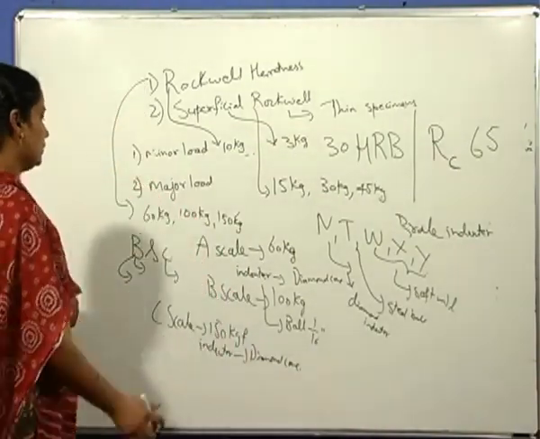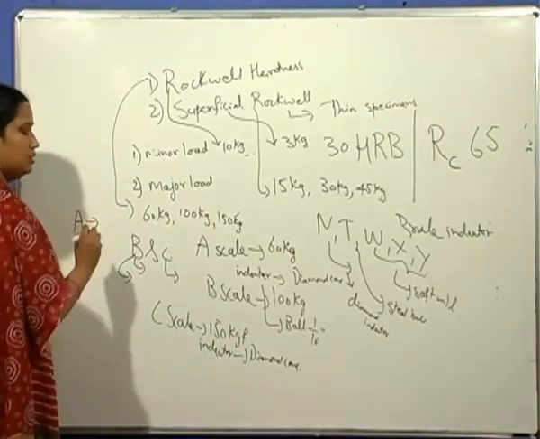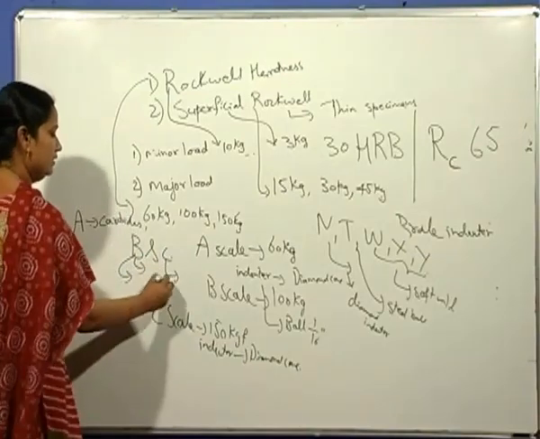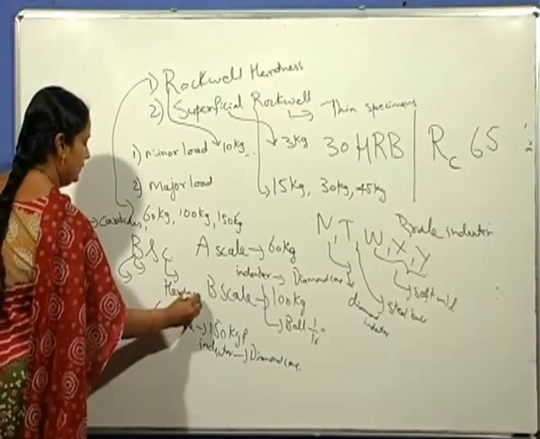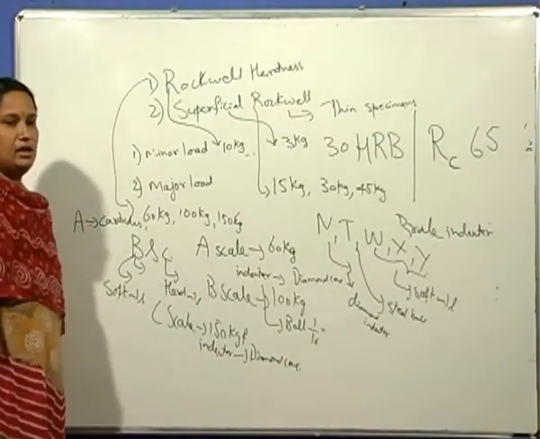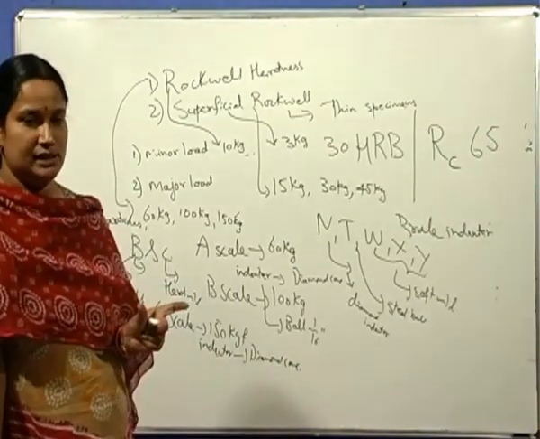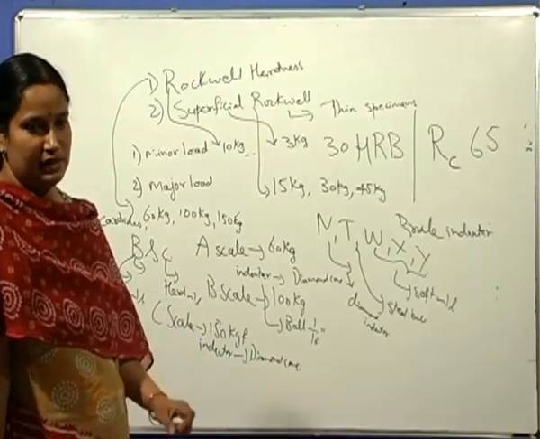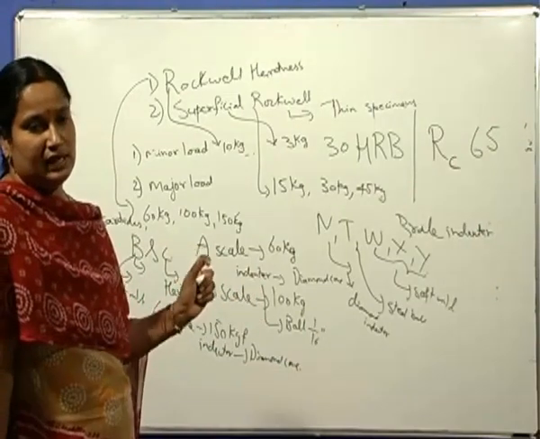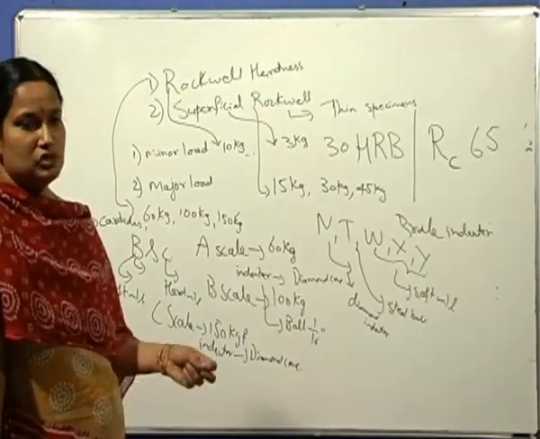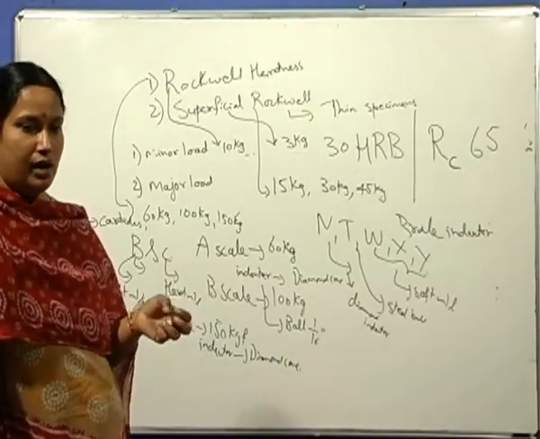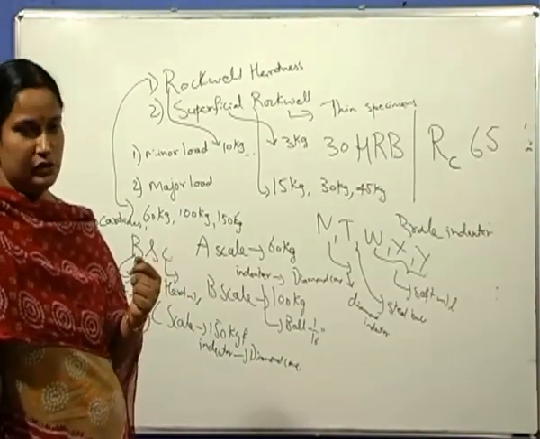And the A scale is used to test carbides. The A and C scales use the same indenter, the diamond indenter, but the loads vary. So if the C scale is used for testing carbides, there is a possibility of fracture of the specimen, or the diamond life will reduce.